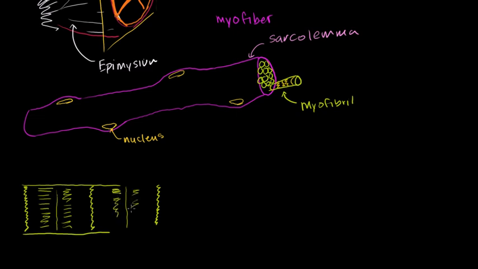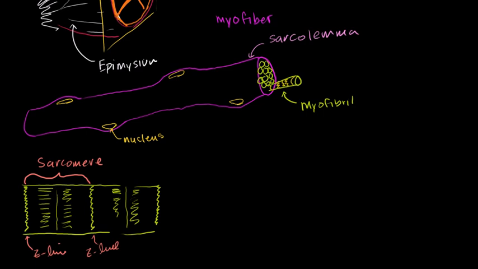So each of these units of repetition is called a sarcomere. This is a sarcomere. And these units of repetition go from one, this is called a z-line, to another z-line. And all of this terminology comes out of when people just looked at it on a microscope and they saw these lines. They started attaching names to it.